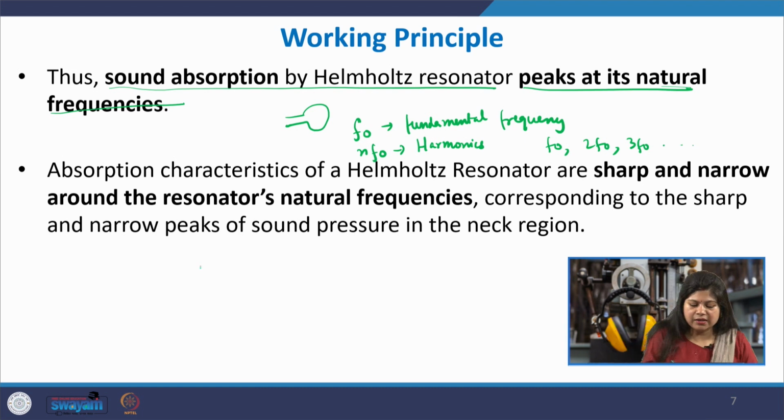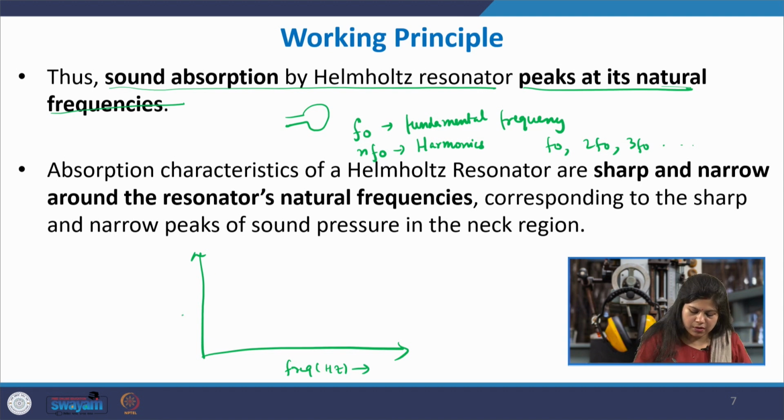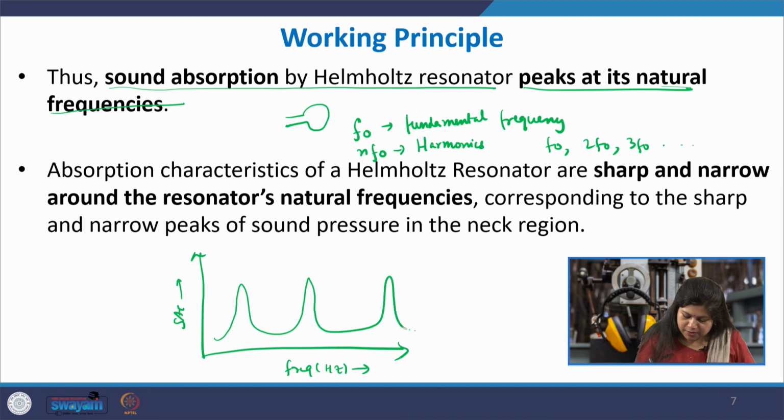Here the sound absorption coefficient, the SAC, of this resonator should look something like this. Wherever the resonance happens, you have maximum energy dissipation and going into the absorber. So, it should look like this: sharp peaks repeating at some intervals, and these should correspond to the natural frequencies of the resonator and its harmonics.